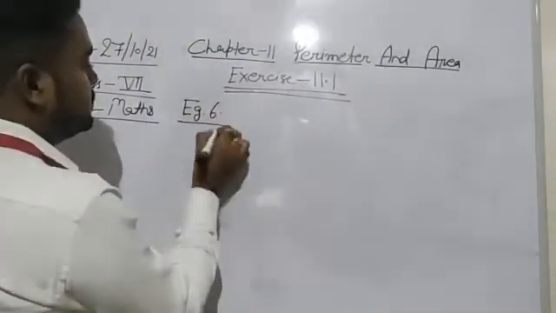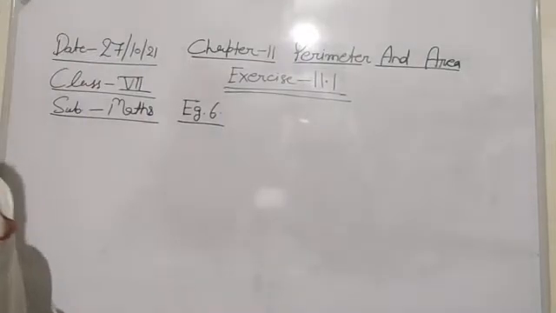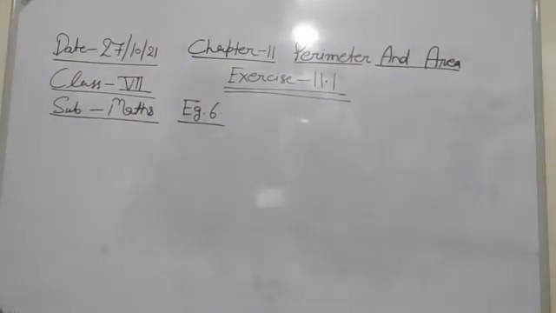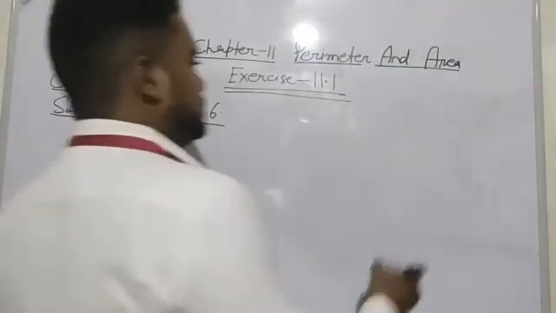Example 6 of your book. What is the example? One of the sides and the corresponding height of a parallelogram are 4 cm and 3 cm respectively. Find the area of the parallelogram. Okay.